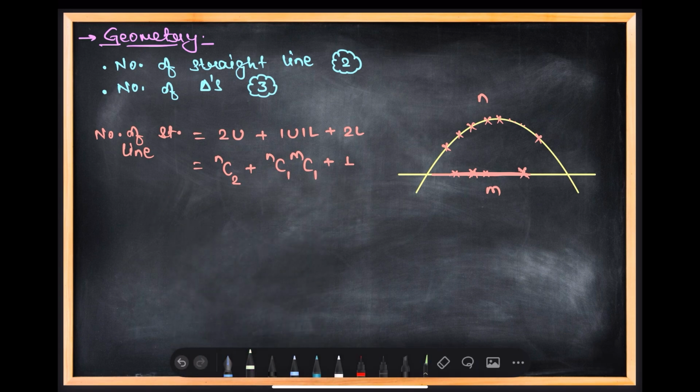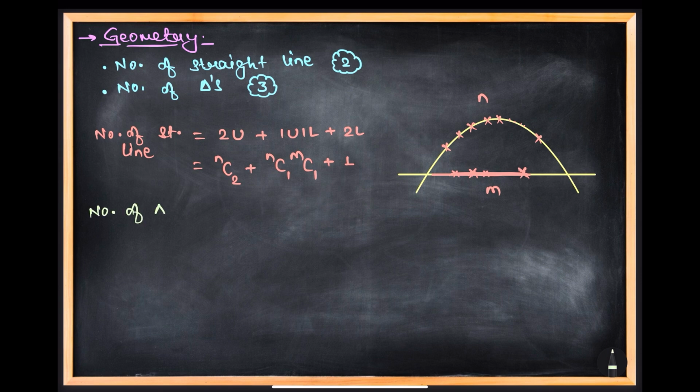Okay, now look at this. Now we are trying to calculate the number of triangles. Now you know that to draw a triangle we need 3 points. Okay, so can we take 3 points from the upper side only? We can draw a triangle.